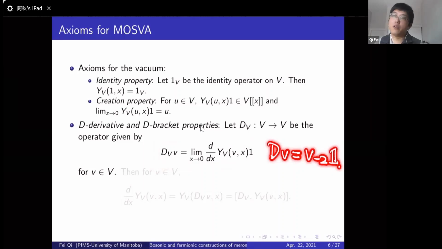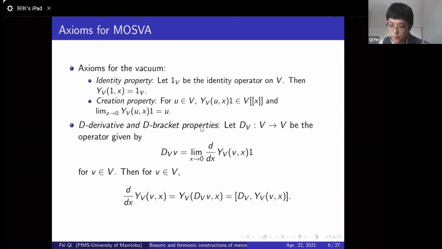This is the same as the traditional definition of the capital D. Then we require the D derivative property and the D bracket property. Basically the capital D plays the role of the L_{-1} operator. So we require L_0 and L_{-1}, but we are not requiring the others. Okay, so these are the first three conditions.